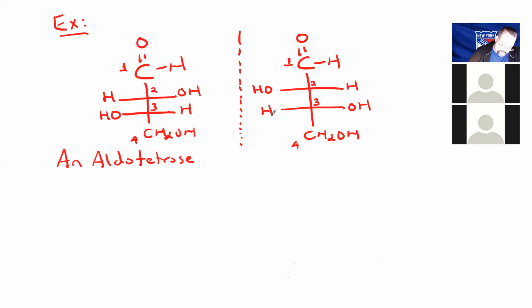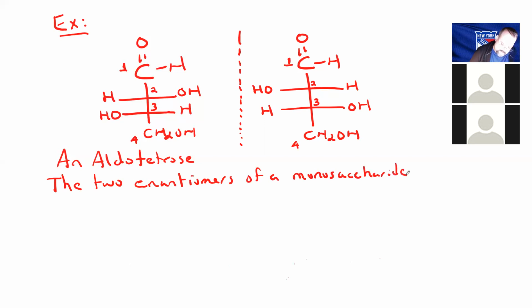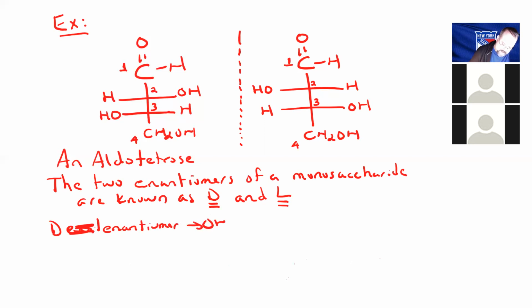Well, the 2 enantiomers of a monosaccharide are essentially known as D and L. For the D enantiomer, the OH is to the right of the chiral carbon furthest from the C double bond O group.